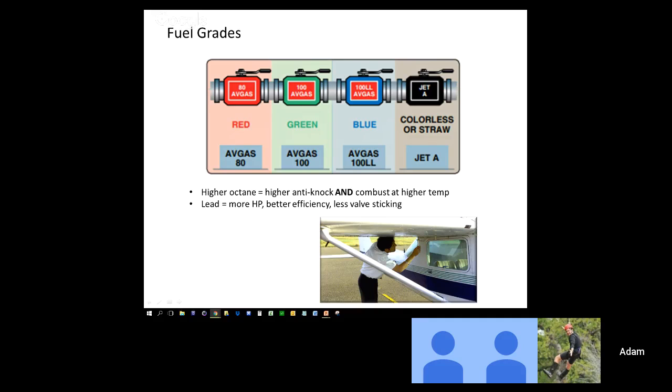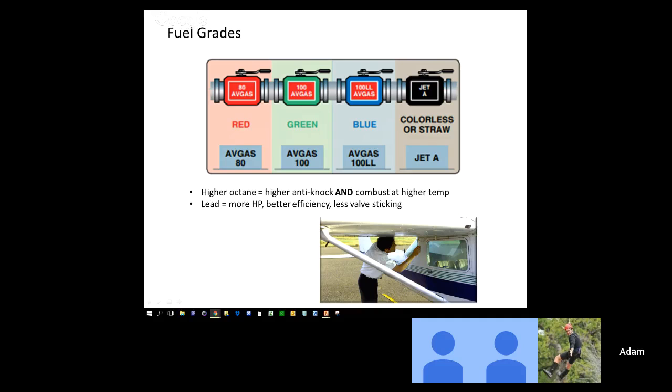Now, when it comes to aircraft operation and understanding what the octanes do, you always want to use the correct octane for your aircraft engine, and it will be spelled out for you in the operating handbook. 90% of general aviation aircraft utilize 100 low lead, the blue, but some are certificated to use 100, 80, and even combinations of the three.